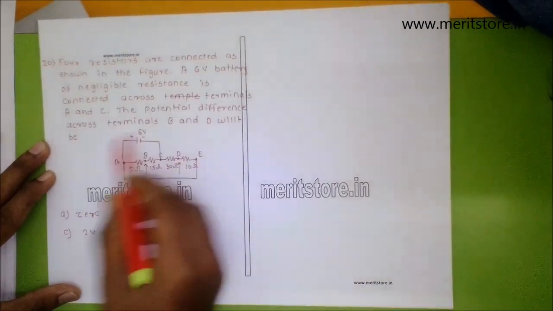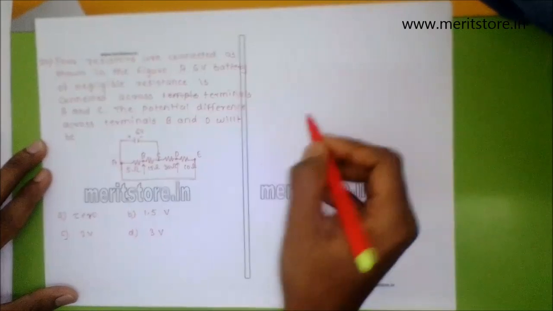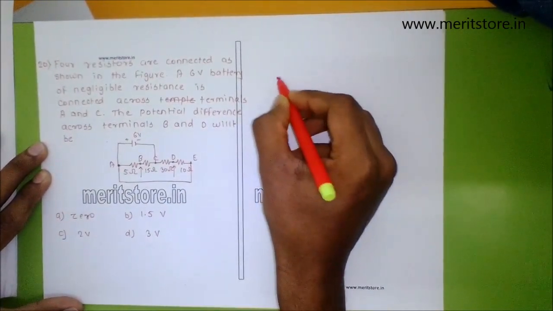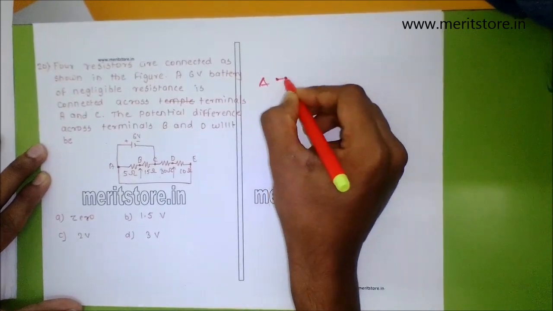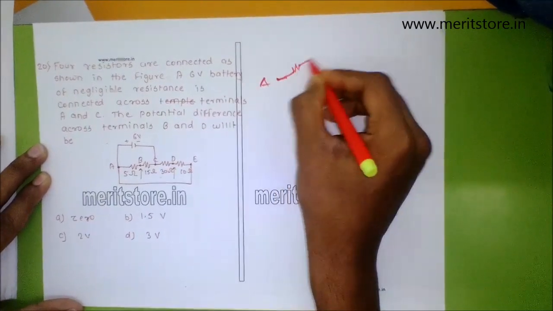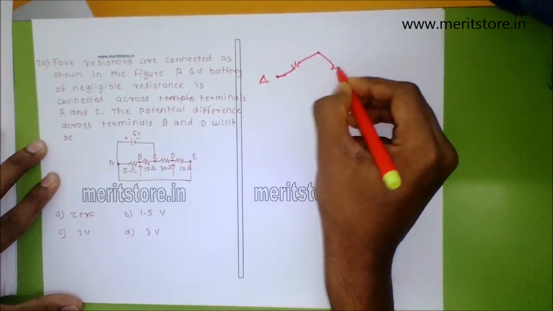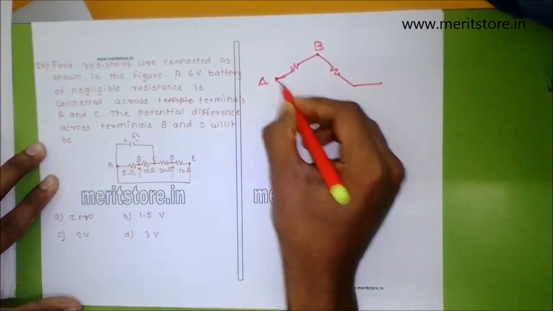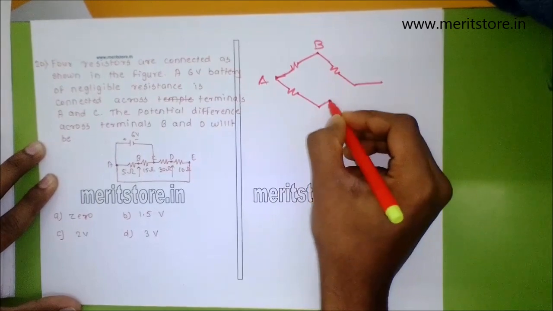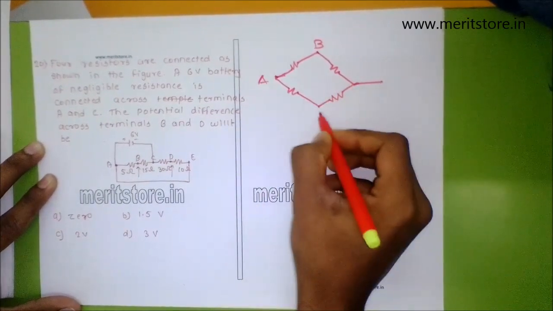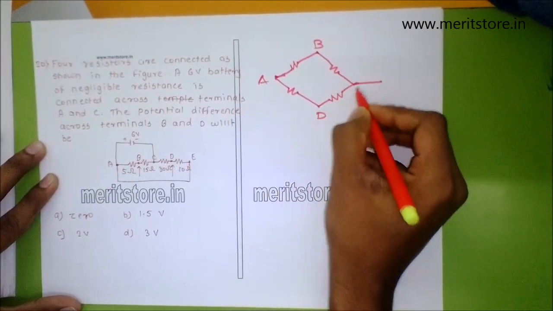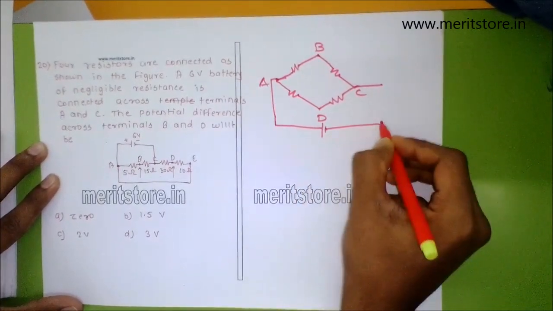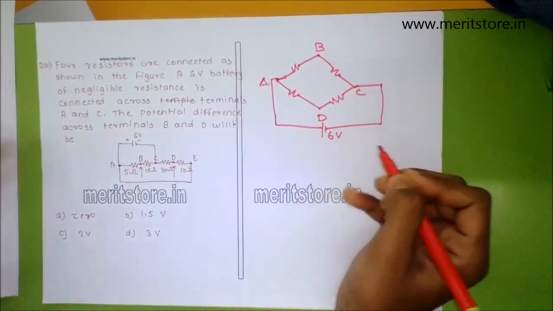In order to solve this sum, we will simplify this circuit in the following manner. The point A, if you notice, point D and this point C has a battery connected, 6 volts.